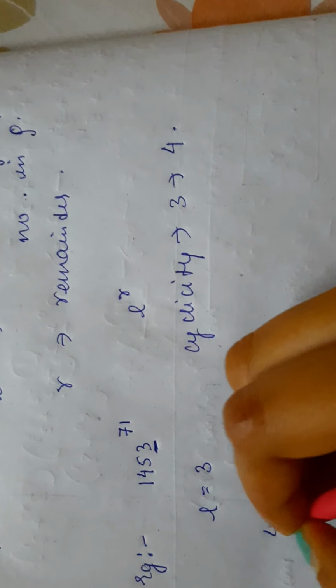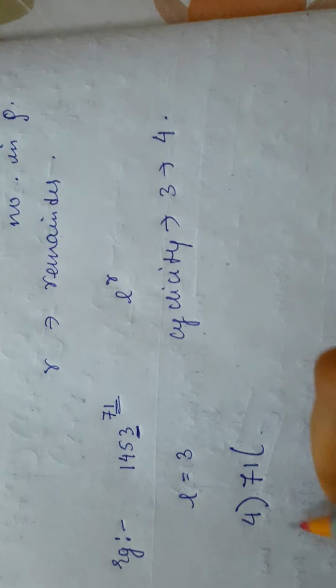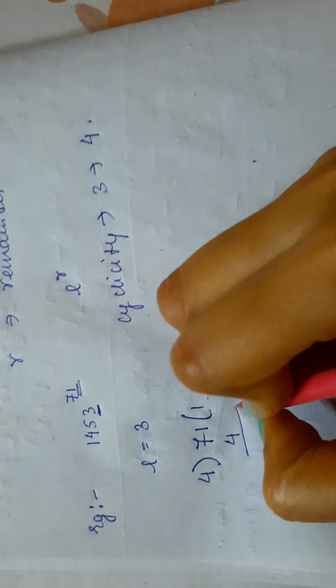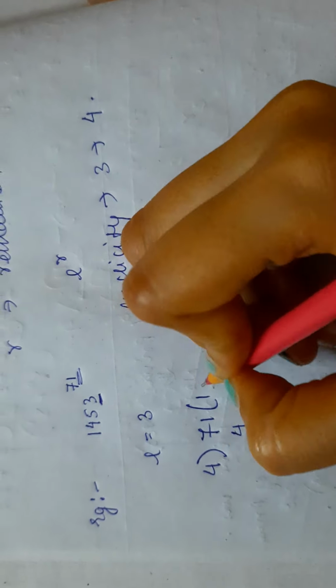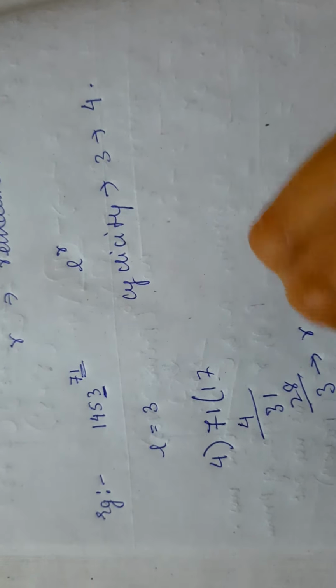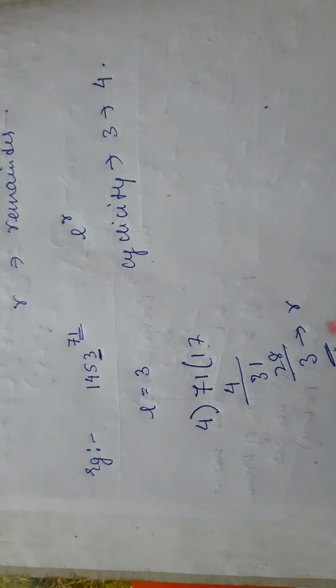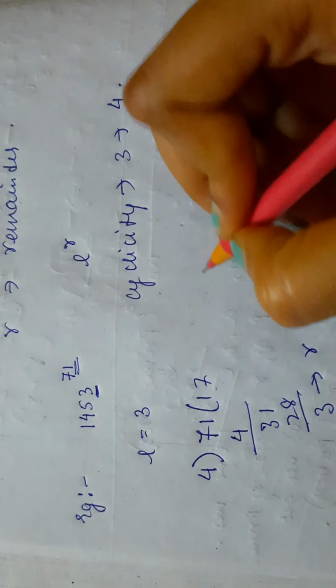Now I will divide this power with 4. So 4 ones are 4, 31, 7, 28, 3. 3 is my remainder. That is R. 3 is my R. So what is my formula?